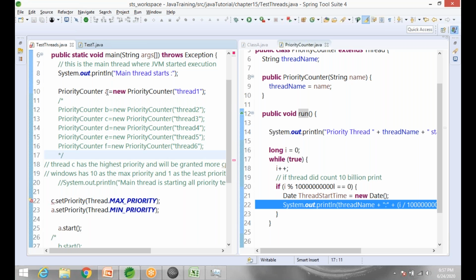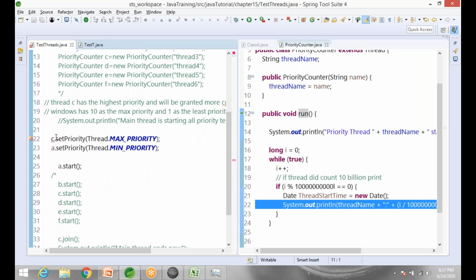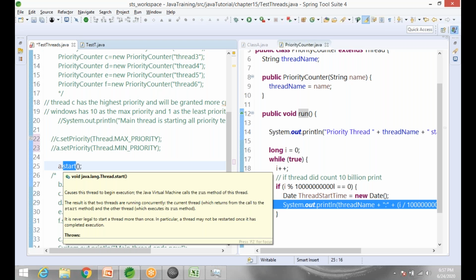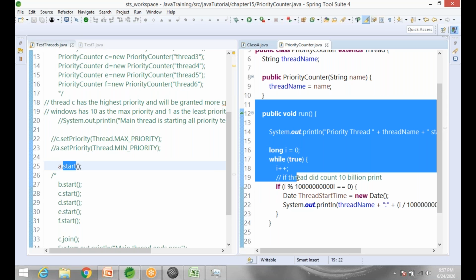There is one object of this class, priority counter, and if you guys recall, what is the start method doing? Initiating. It is starting this program parallelly in a separate thread.